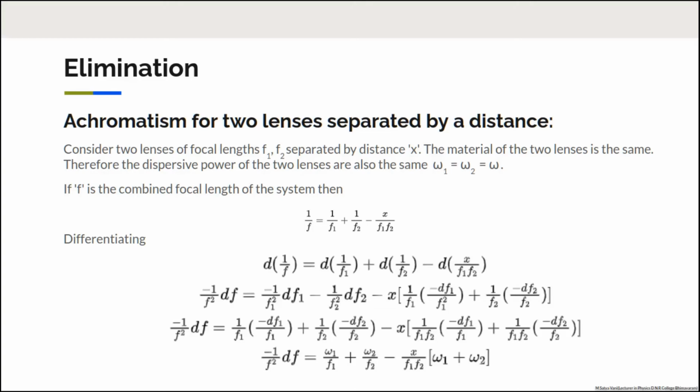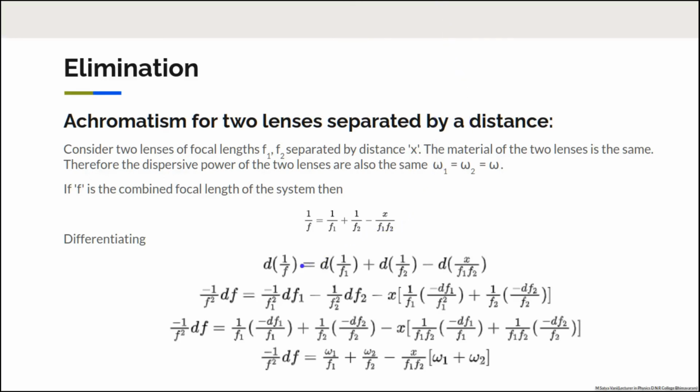So we can take omega 1 is equal to omega 2 is equal to omega in the above expression. When these two lenses are separated by some distance x, this combination acts as a single lens of combined focal length capital F. Then we know that 1 by F is equal to 1 by f1 plus 1 by f2 minus x by f1 f2.